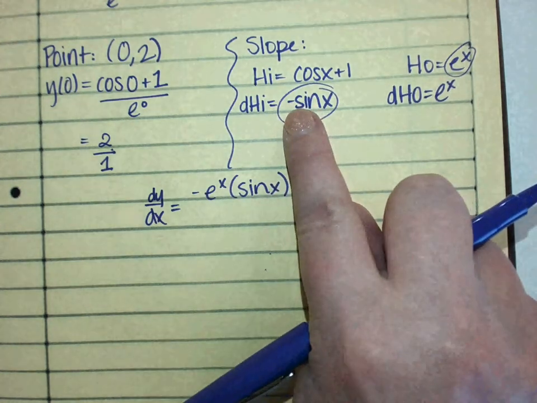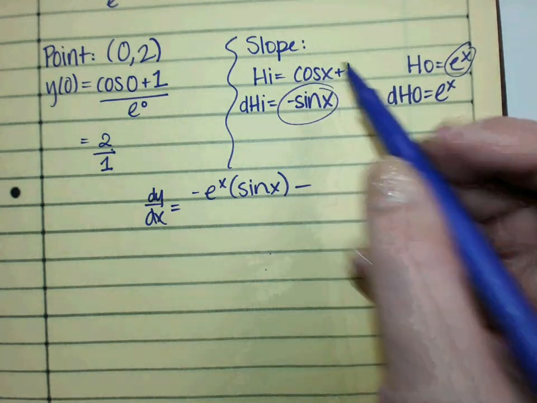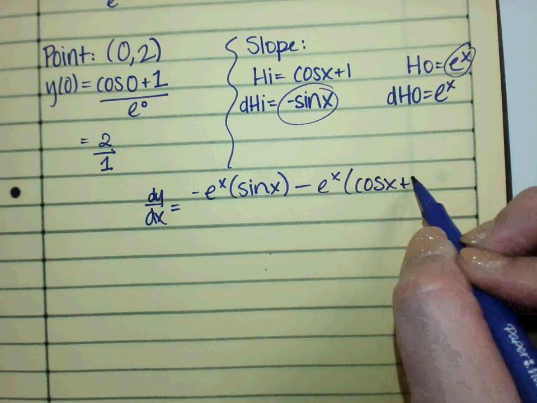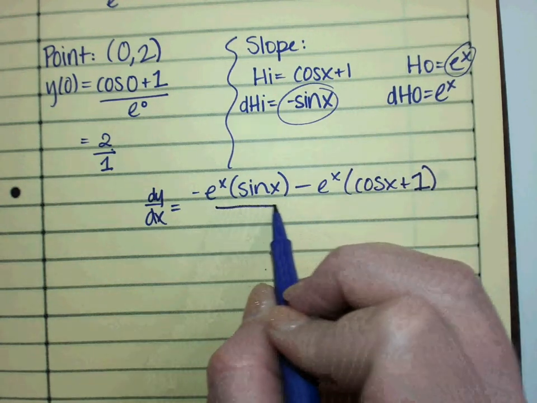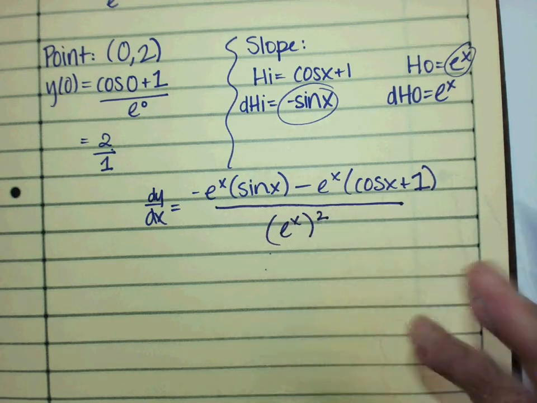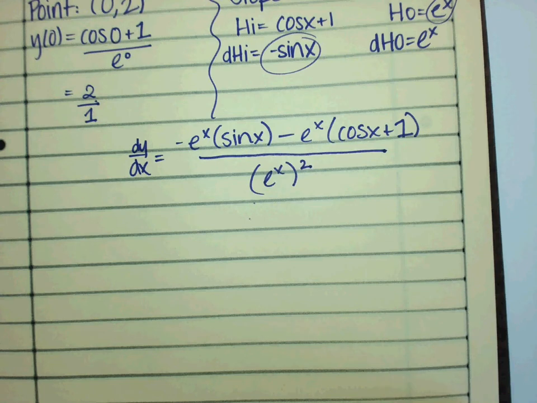So it's minus e to the x sine x, minus, then I have cosine x plus 1 and another e to the x, over e to the x squared. Now, if this was multiple choice and you were matching, probably they'd pull an e to the x out and cancel it, but we're not doing that.